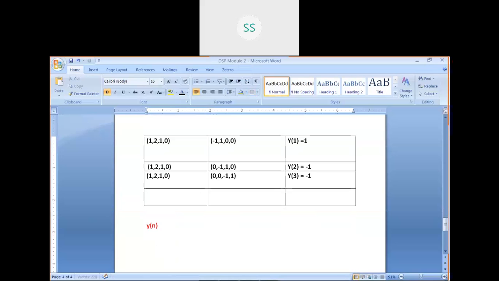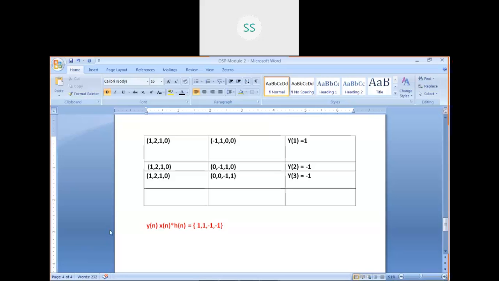So the result of linear convolution y of n. Now this time we have done it by using the circular convolution between x of n and h of n, and this is giving us the result 1, 1, -1, -1.